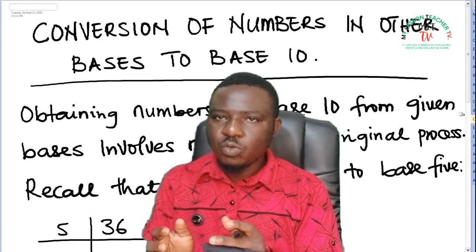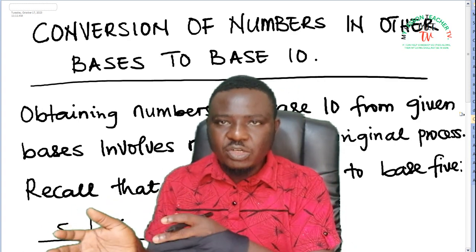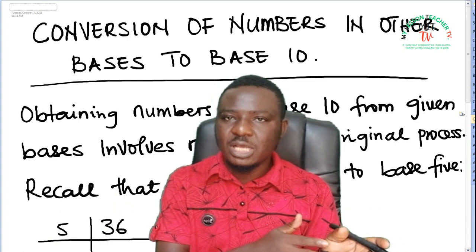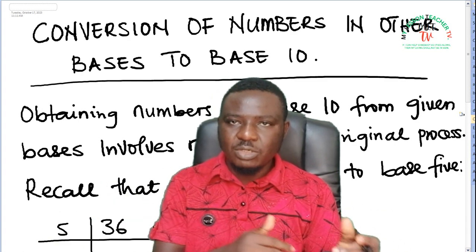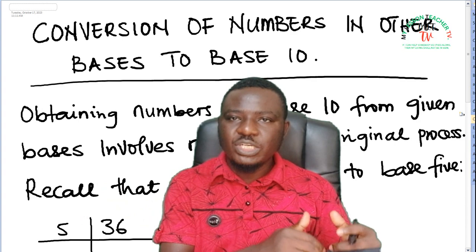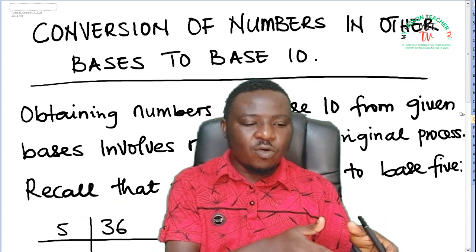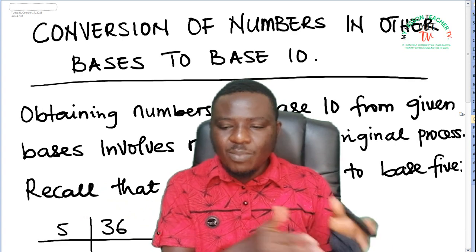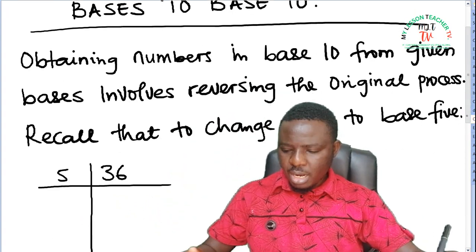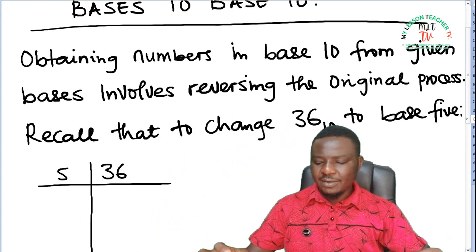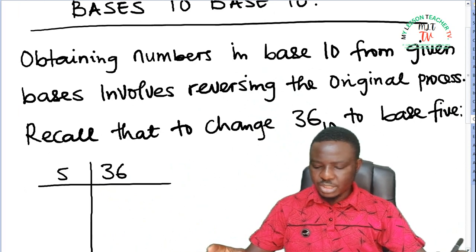At the last class also, the method we use in the conversion of numbers from base 10 to other bases, I said it is the long division method. In this class, we shall be using the expansion method to convert numbers from other bases back to base 10. So, I said that obtaining numbers in base 10 from given bases involves reversing the original process.